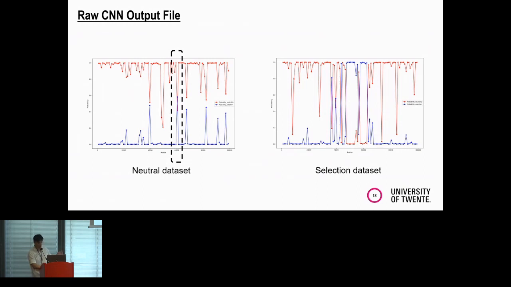By the way, here the red points represent the probability of neutrality, while the blue represents the probability of selection. For the selection data set on the right, we can observe that the true selective sweep regions are classified correctly. However, there are still some points that are misclassified.